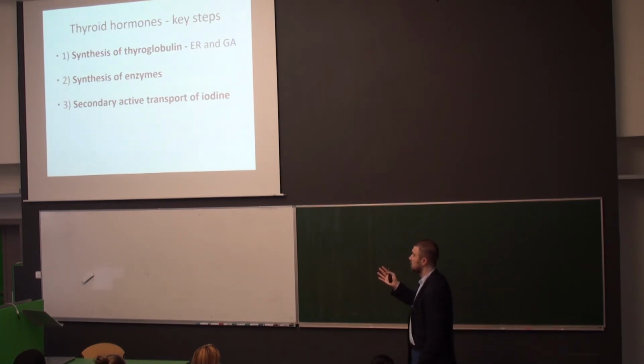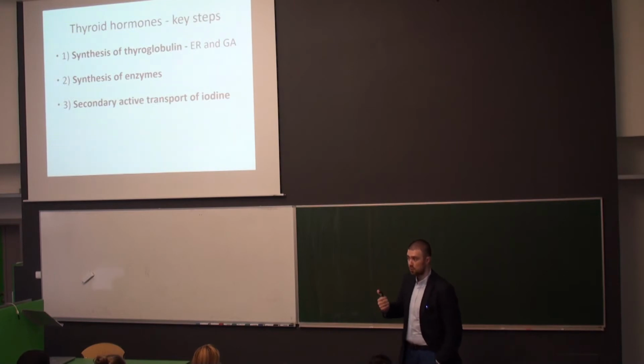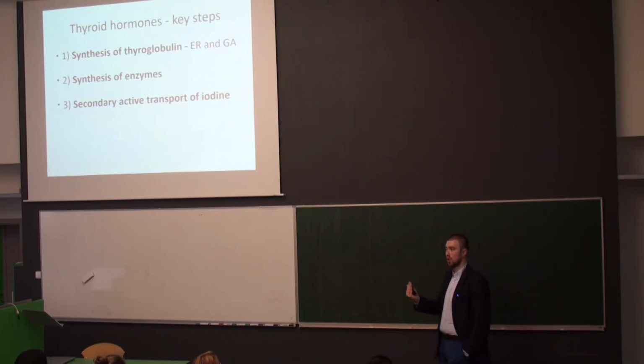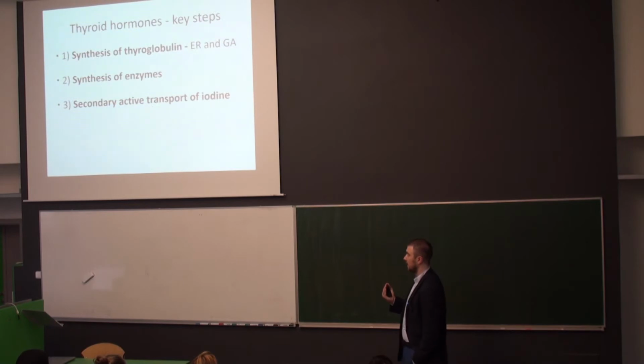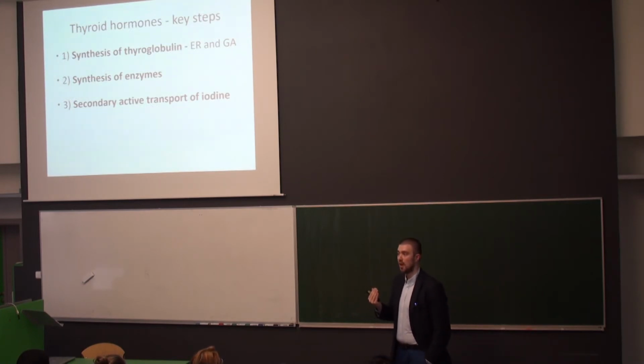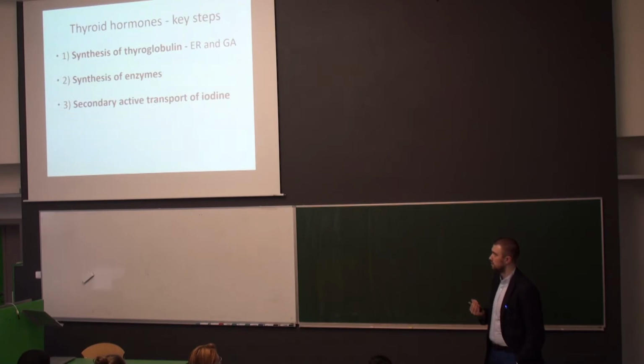First, you must produce the big precursor protein, thyroglobulin. It's a protein, therefore you must produce it in the endoplasmic reticulum and Golgi apparatus, and subsequently secrete it into the colloid. Second, you must synthesize the enzymes, and also put them into the extracellular reservoir, where you can do the reaction.